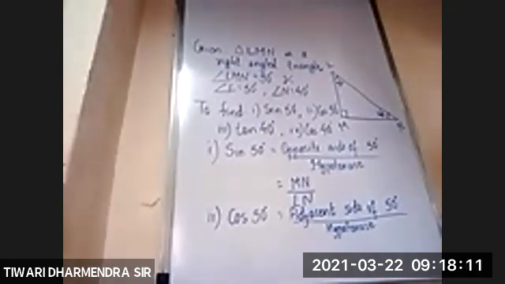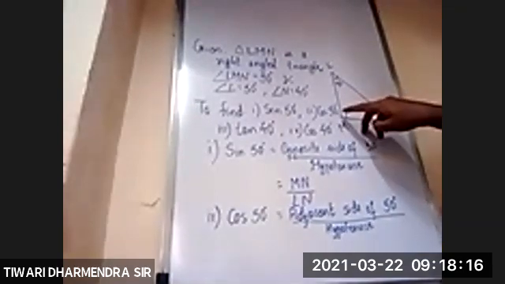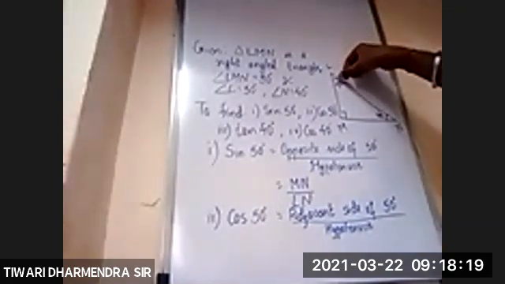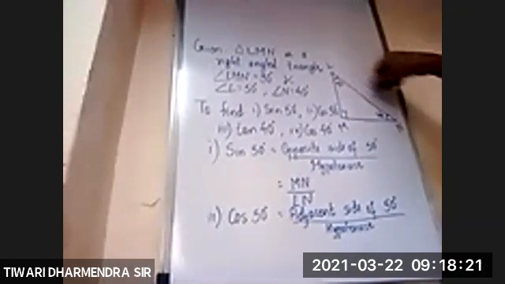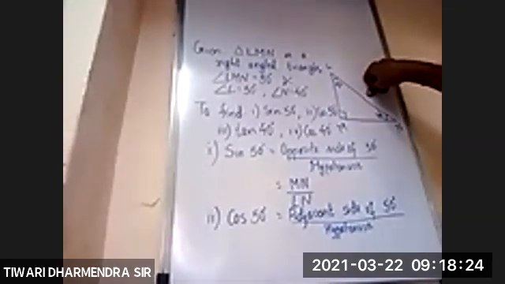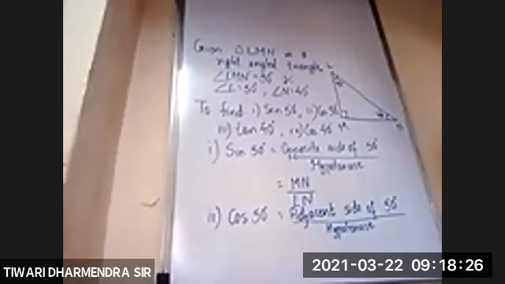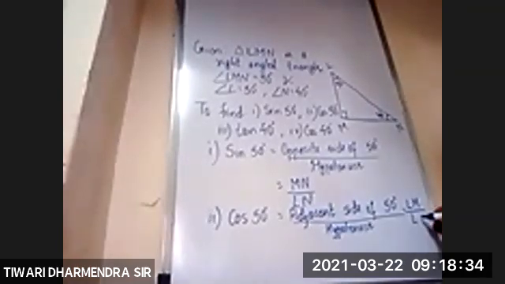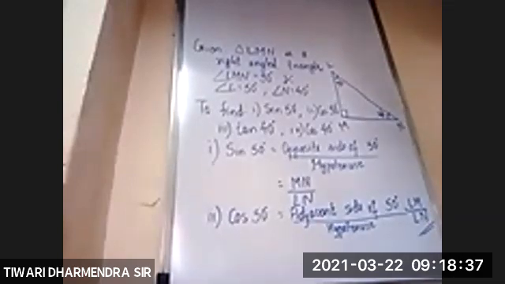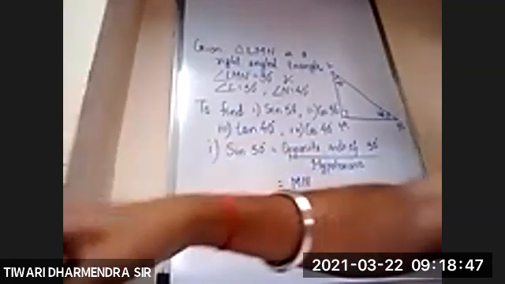We can see that adjacent to 50 degree, you can see here L is 50 degree, is LM as well as LN, but LN is hypotenuse, so we won't be selecting this. So our adjacent is LM. LM divided by hypotenuse, which is fixed, so LN. This is the second part. Move to the next, third one, that is tan of 40 degree.